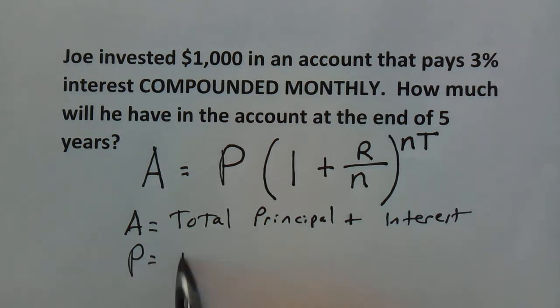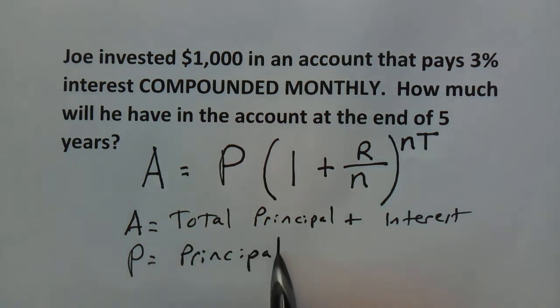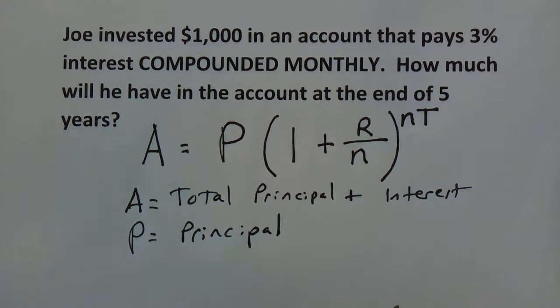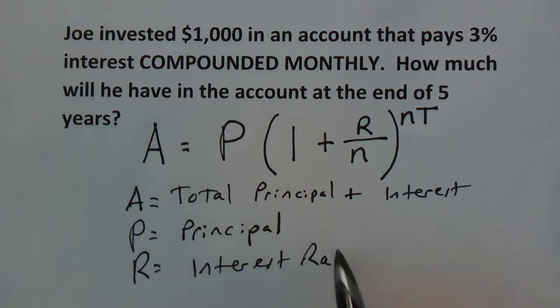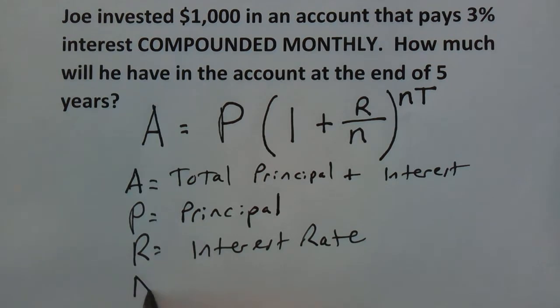P is the principal. That is the initial amount of money that we're talking about. In this case, it's the $1,000. R is the interest rate. N is the number of times interest is applied per time period.